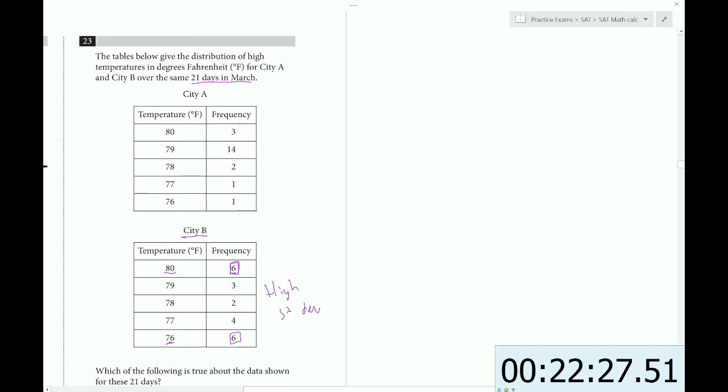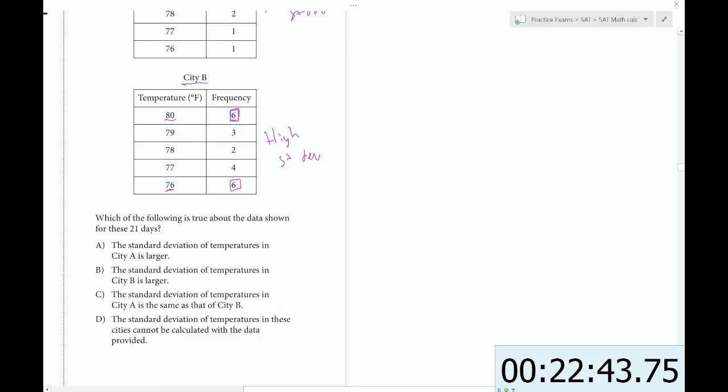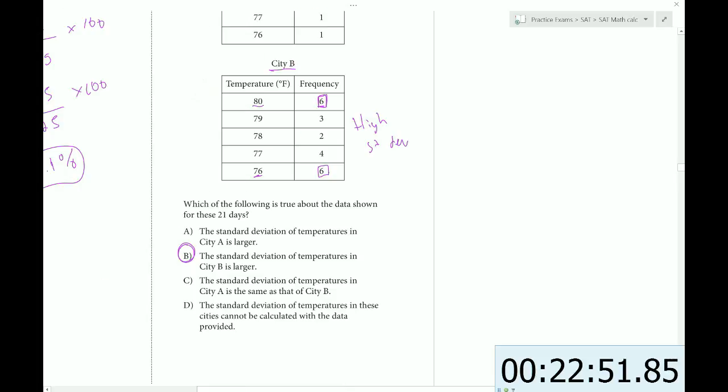And for city A, right, the vast majority of our values are at 79, which is not quite an extreme. It's sort of towards the middle, right? So we would say that this has a lower standard deviation. Okay, so what we would say is that city B has the higher standard deviation. The standard deviation of city B is larger. That's answer choice B.